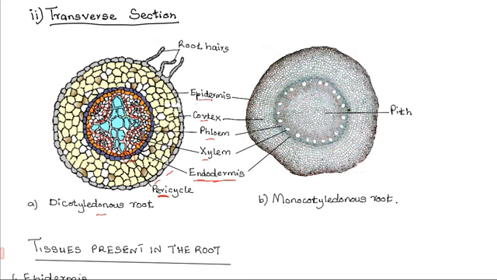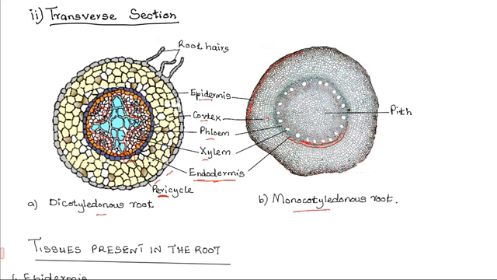In the monocotyledonous root, the epidermis is the outermost layer. Then beneath the epidermis, there is a cortex made up of parenchyma cells. Then there is a ring of specialized parenchyma cells making up the endodermis.